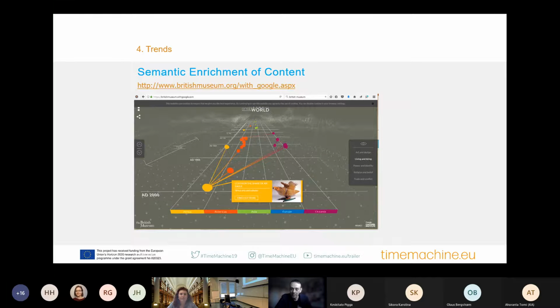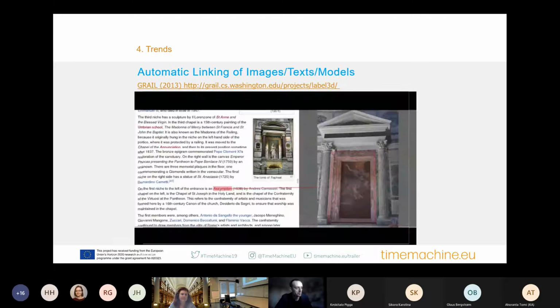And finally, it's also about the question of how to enhance collections in terms of producing collections and museum works, for instance, in a user targeted way. So for instance, this example taken from the British Museum, where a virtual museum work is created depending on the interest and specific settings of the museum users here.